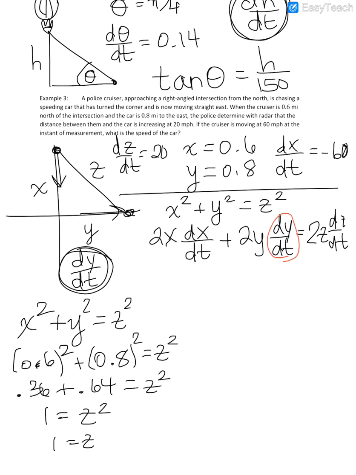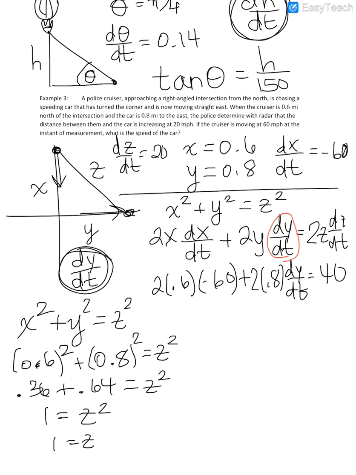Okay, so now we're going to plug everything in. So we have 2 times 0.6 times negative 60, plus 2 times 0.8 times dy/dt, equals 2 times 1 times 20. I'm running out of room, so I'm just going to write 40.